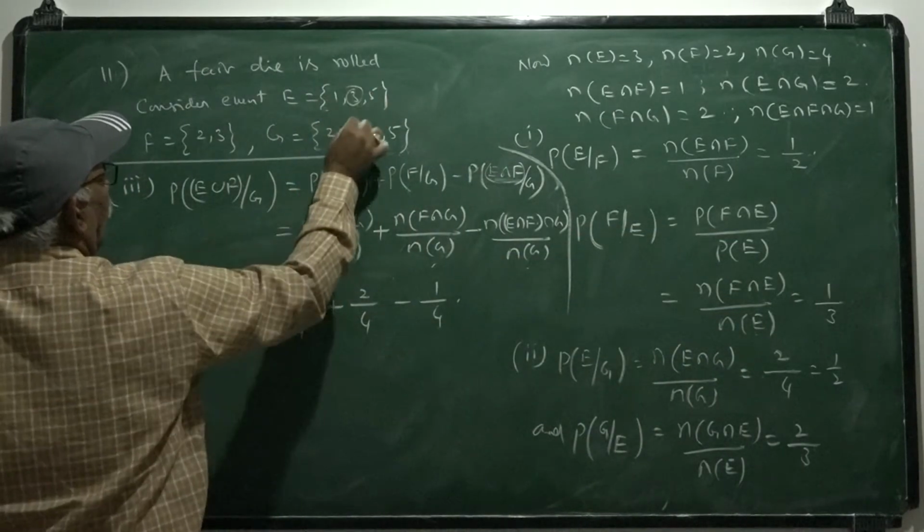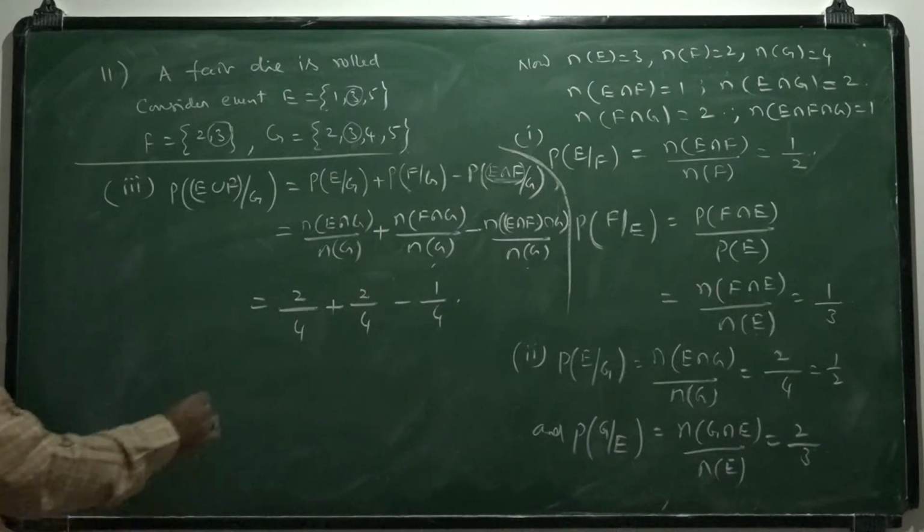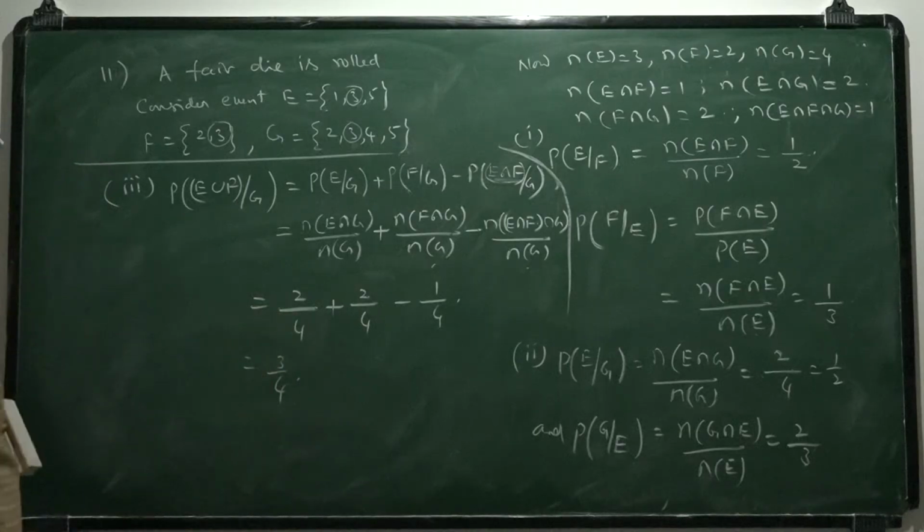This is the common outcome to the 3 events. Hence this is 4 minus 1, 3 by 4. The required probability of E union F given G is 3 by 4.